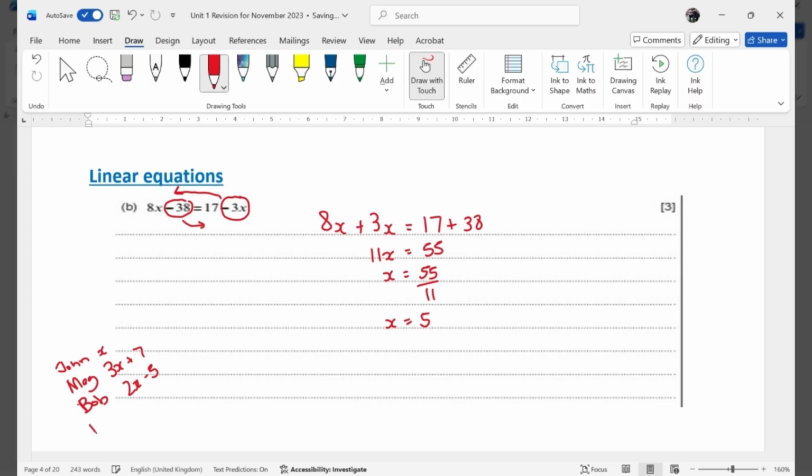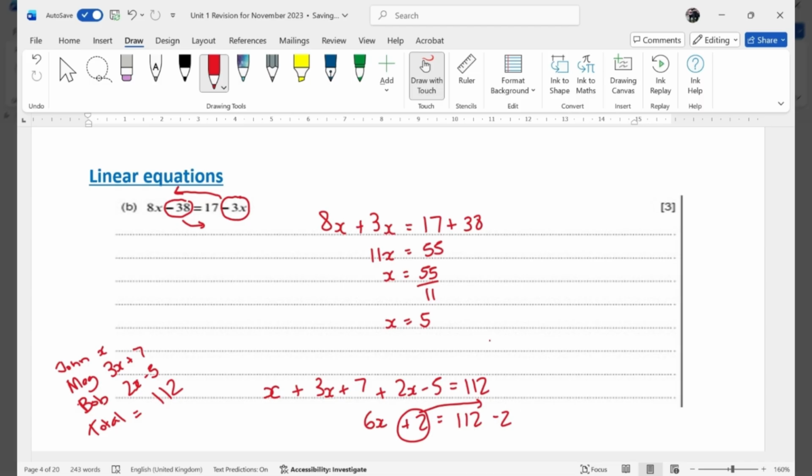And their total age is 112. I don't know. Right, might not work, but okay, we'll go with it. So what you'd go is, okay, so John's age plus Megan's age plus Bob's age equals 112, and that's how they hide the linear equation. And you go, oh, hang on a minute, that's 6x plus 2 equals 112. Take the plus 2 over as a minus 2 and divide that by 6, which it doesn't, right? But just to give you an idea.